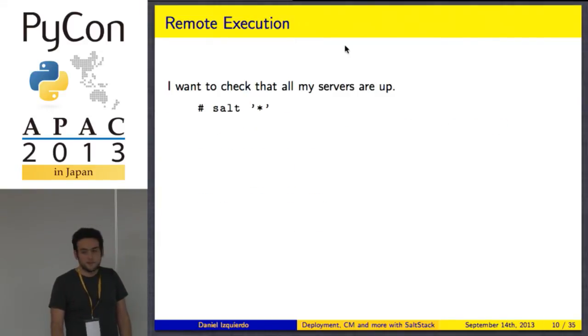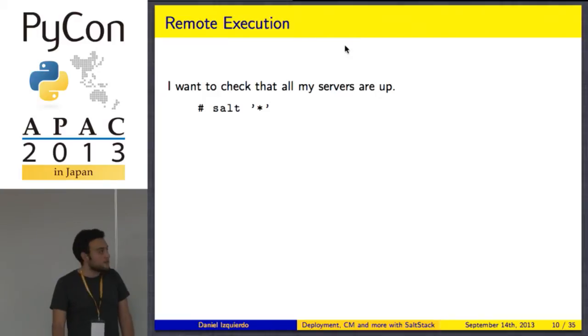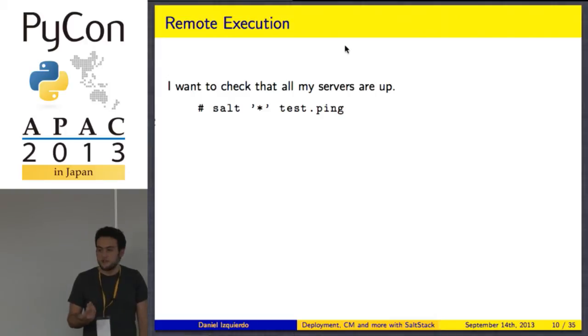And then there are more applications. For example, I could say, I want to check that all my servers are up. So I again run the Salt command, but I use a globbing pattern to match all the available servers, and run the test.ping command. This is not the same as the networking ICMP ping.